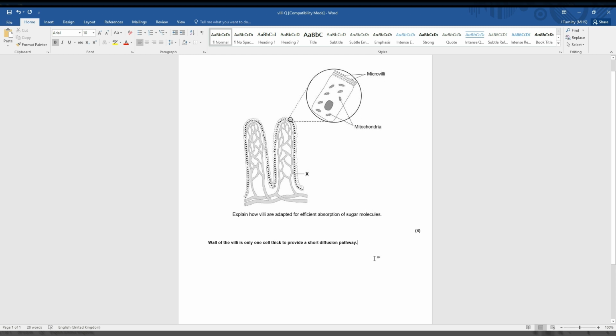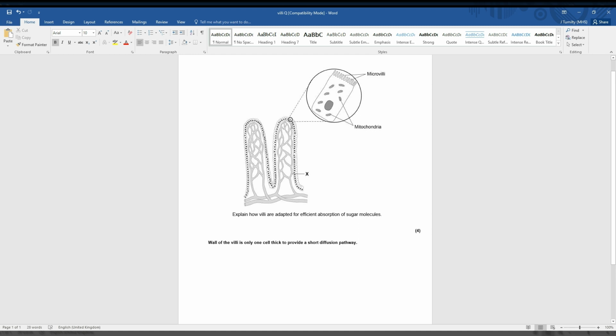The next thing I notice is that we have got basically the shape of these villi, rather than the small intestine being just a smooth tube, we've got these folds, I suppose, really.